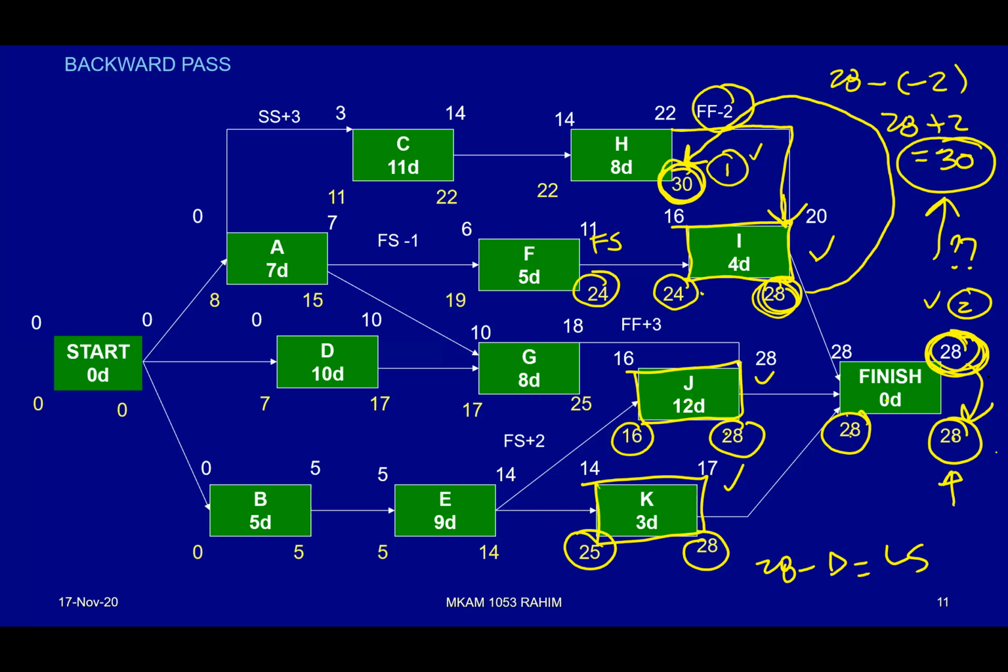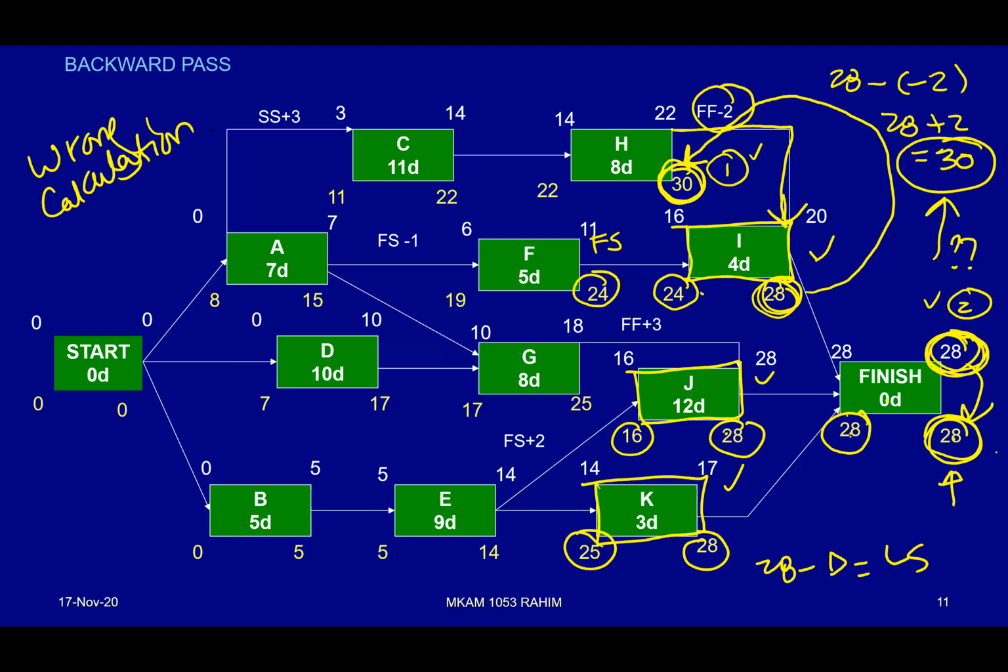So the evaluation shall be, even though you get 30 in terms of calculation, in terms of decision, you must choose 28 days to be put inside the box for H. Then only you will get the right calculation. Okay, so this slide is basically a wrong slide. It's wrong calculation.